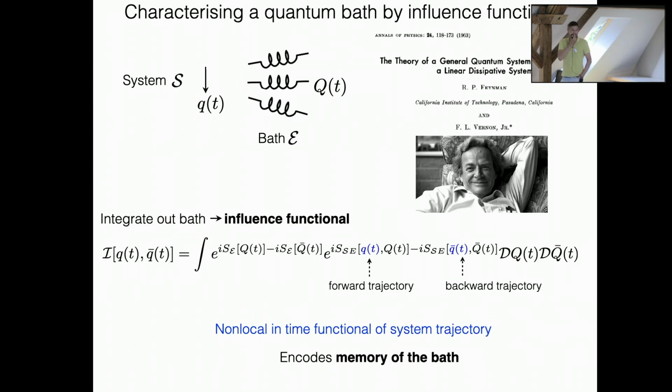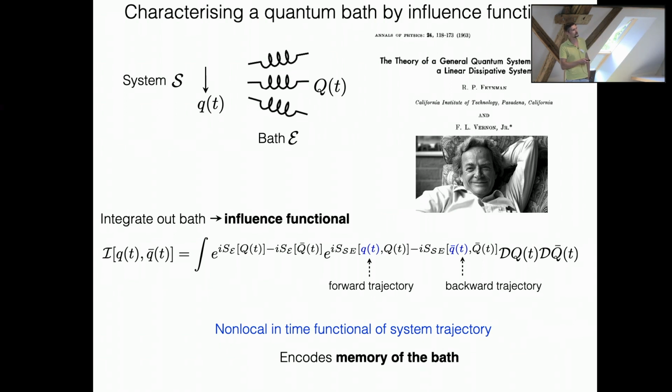This goes back to Feynman and Vernon, who developed a theory of small quantum systems, for example a spin interacting with a thermal bath, which they modeled as a bunch of harmonic oscillators. Essentially, in the path integral formalism, let's do the Keldysh path integral and then integrate out the degrees of freedom in the bath.